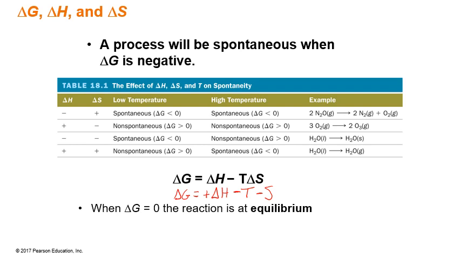So we have a positive delta H and a negative entropy change, with a negative sign in front of that, so that term is going to be positive. That means in all cases, no matter what the temperature, our delta G is going to be positive, and that means it's going to be non-spontaneous under all conditions and all temperatures.